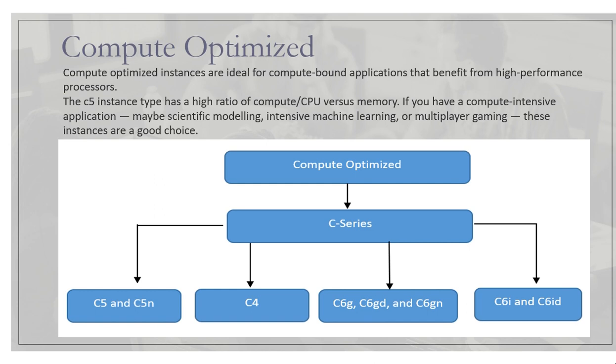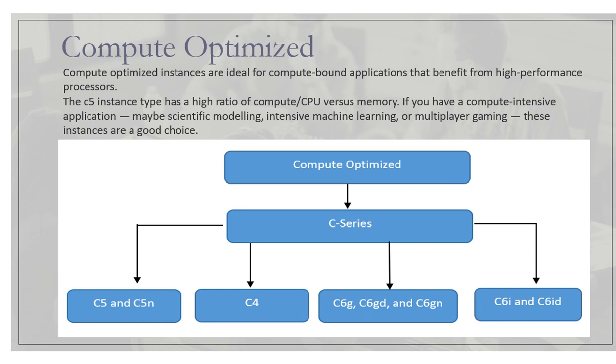Here in compute optimized, if you want your tasks multitasking, or if you want to complete some kind of parallel processing task, these types of instances are good for that. EC2 compute optimized instances are created for that purpose only.